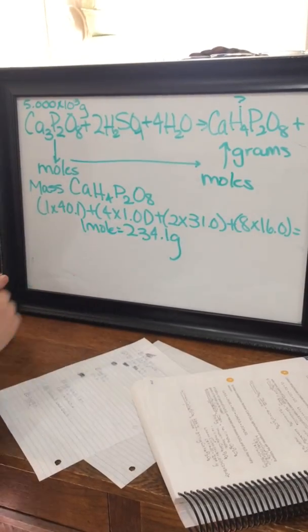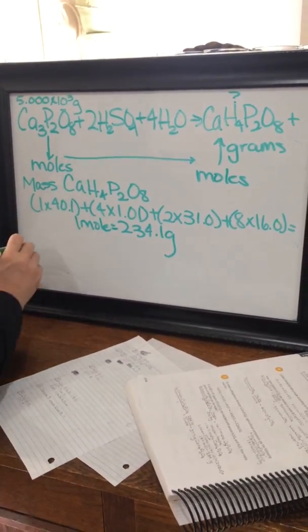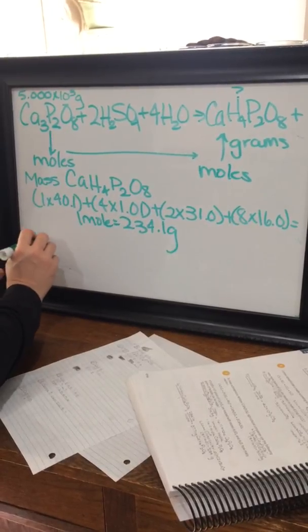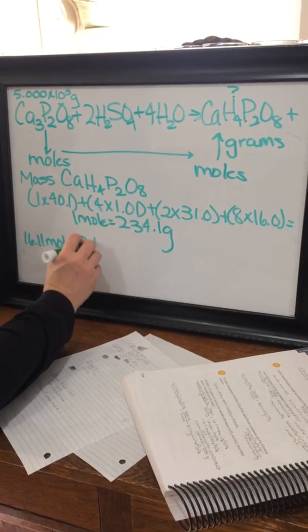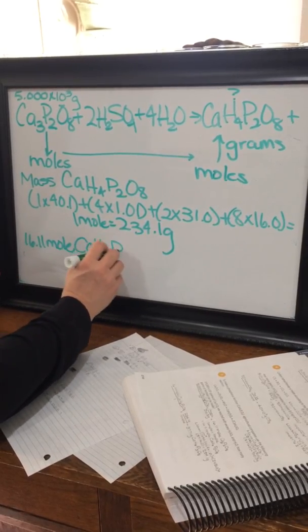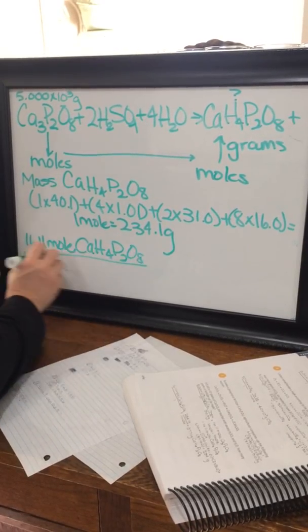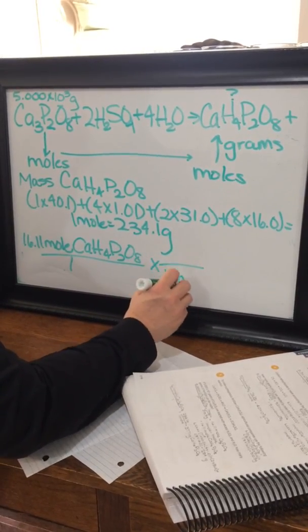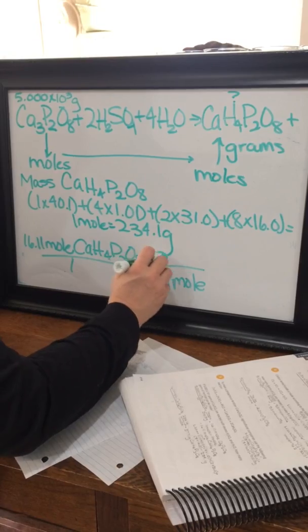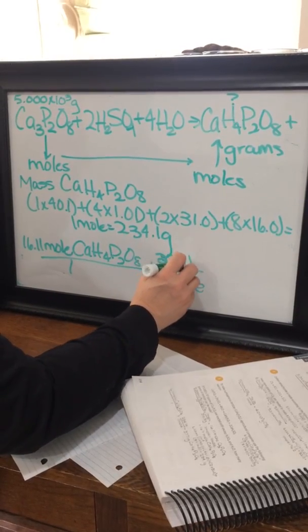Okay, so the last step we have to do is take the thing I had to erase a minute ago. We have 16.11 moles of CaH4P2O8 over 1 times 1 mole is equal to 234.1 grams.